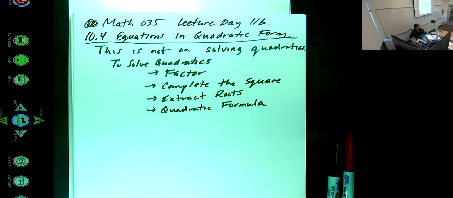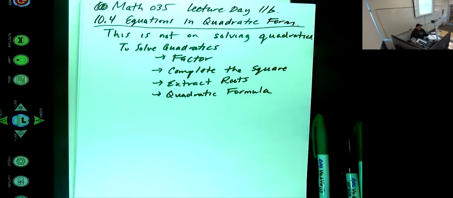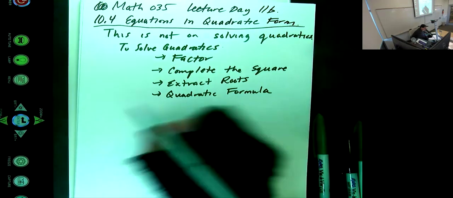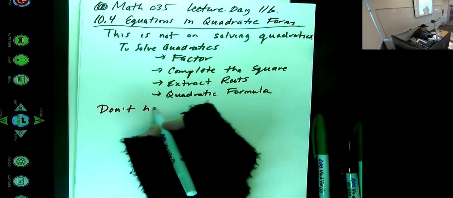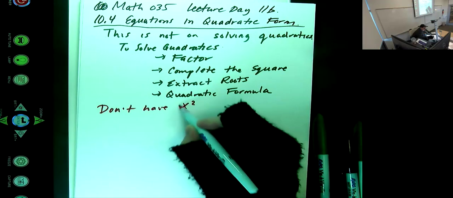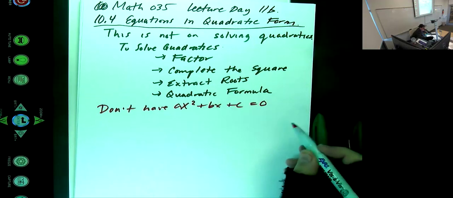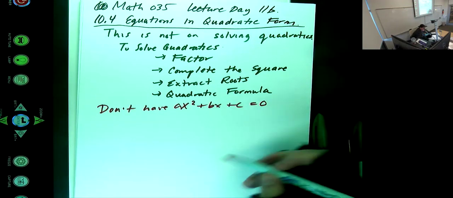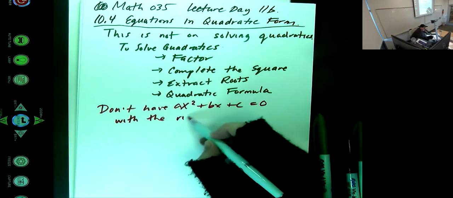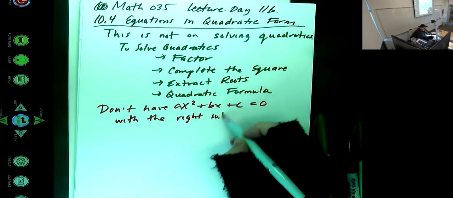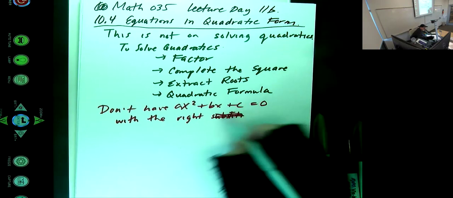So, what are equations in quadratic form? Equations in quadratic form don't have x squared. ax squared plus bx plus c equals 0, but with the right substitution, let's just spell that again.